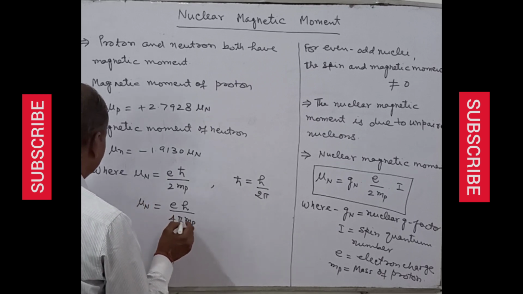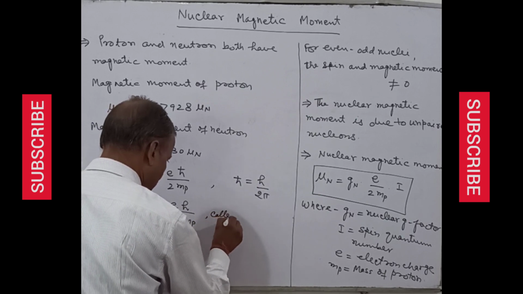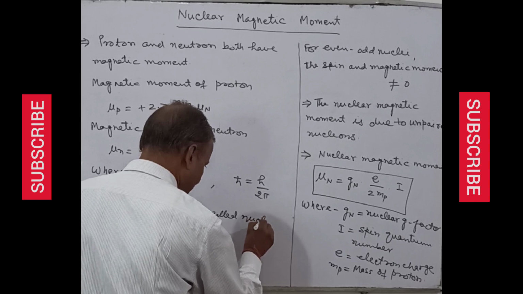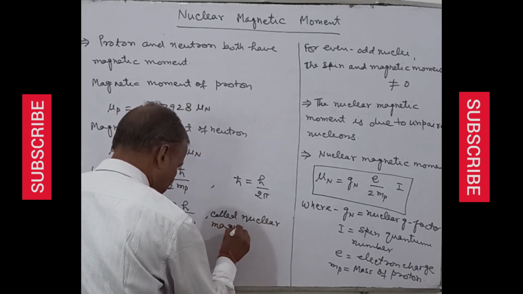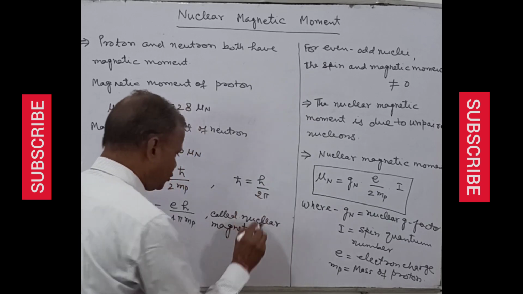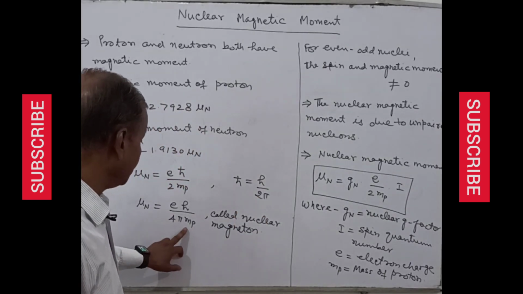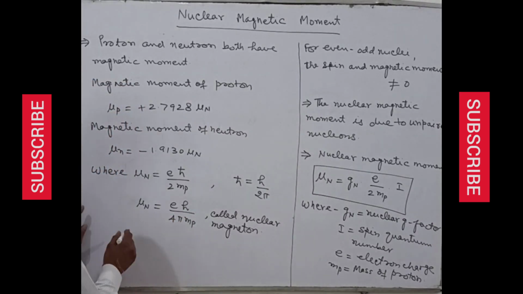It is called the nuclear magneton. So this nuclear magneton depends upon the mass of the proton and h, Planck's constant.